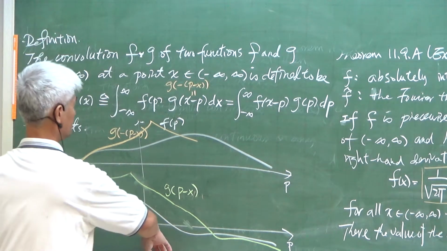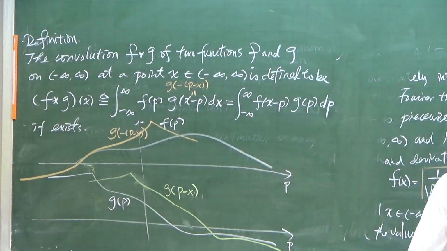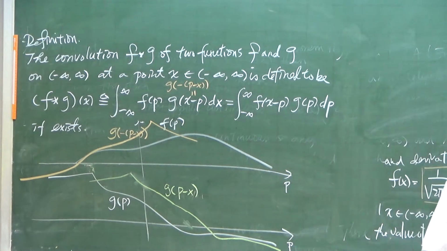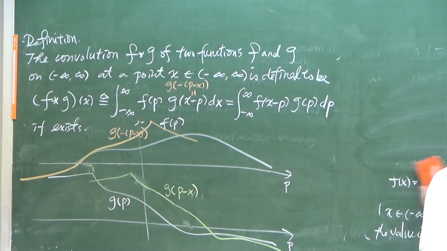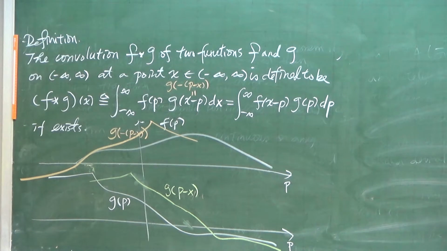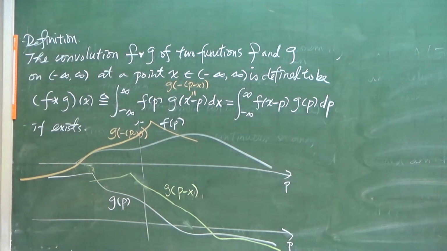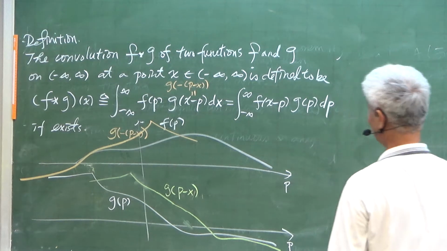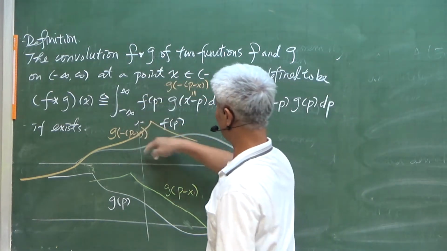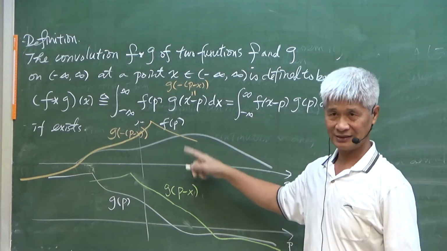Convolution is an important concept when you consider linear systems. You will take a course called signals and systems, and in that course you will see convolution is very, very important. Mathematically, this is just a definition.